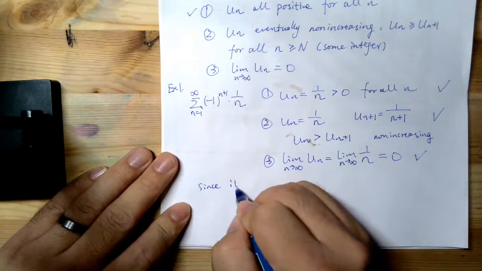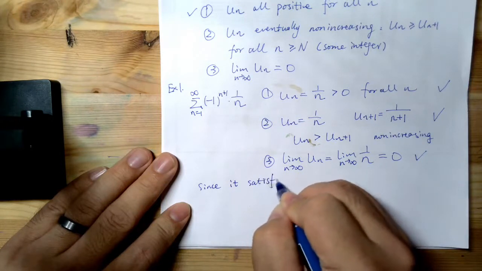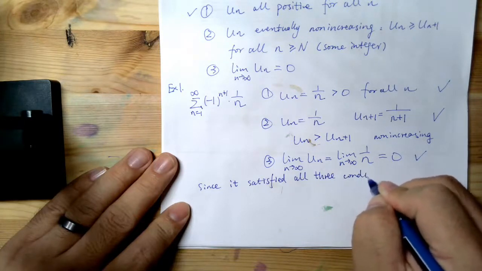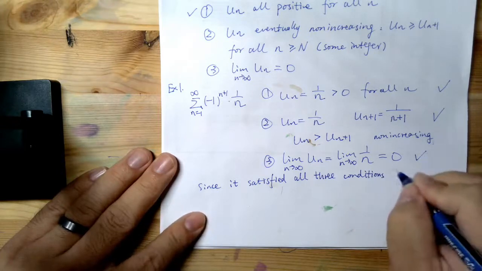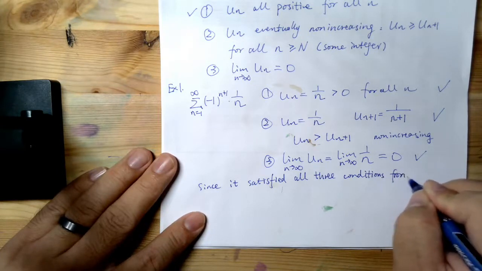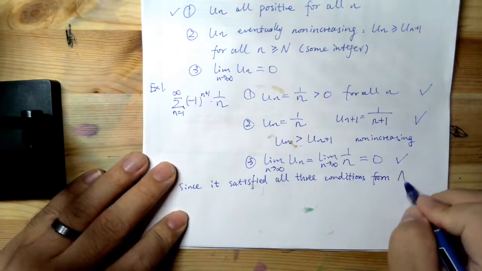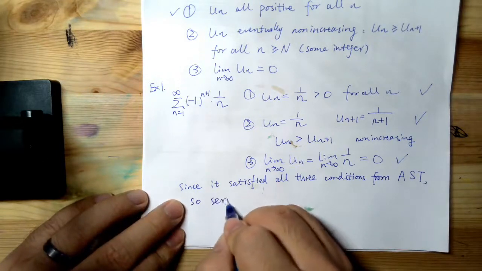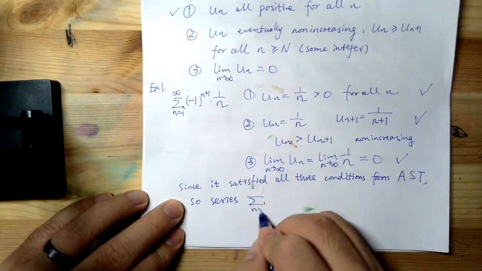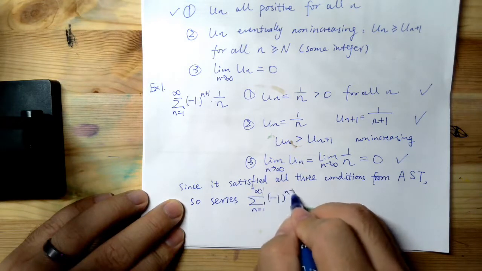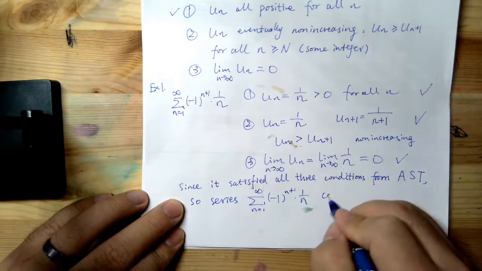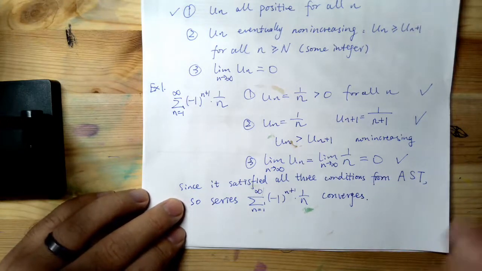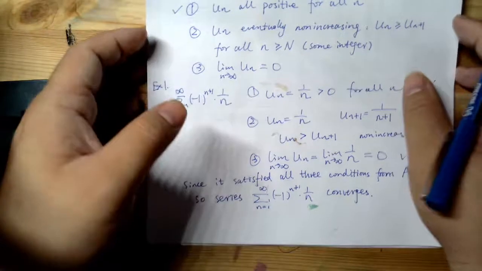Since it satisfies all three conditions from the alternating series test, that's short for AST, the series converges.